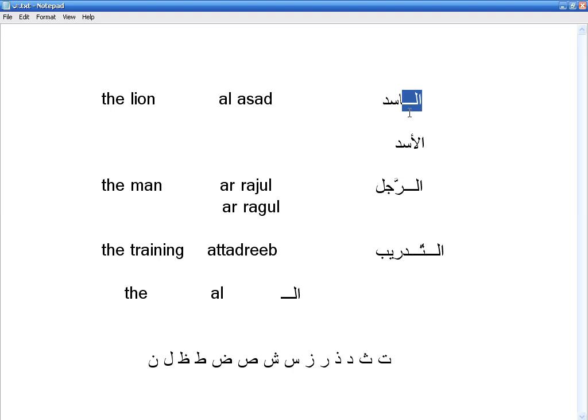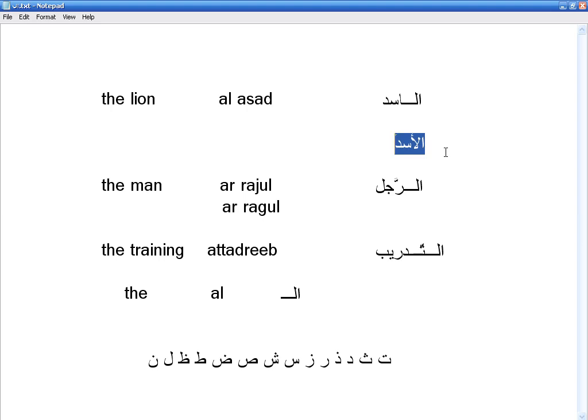So right here, this word, as you can see, it's like that, and it's going to be written in a different way. It's going to be written just like that. And by the way, this is the usual way the word is written in books, okay.